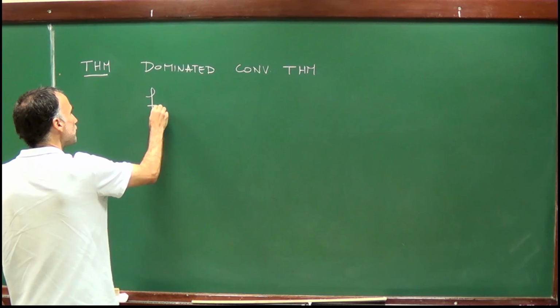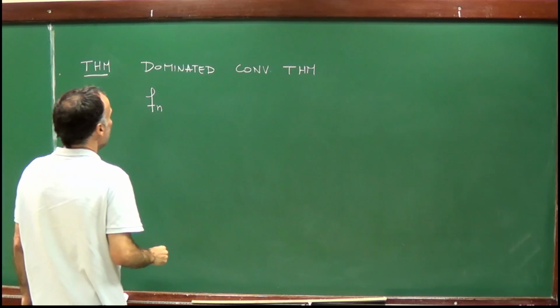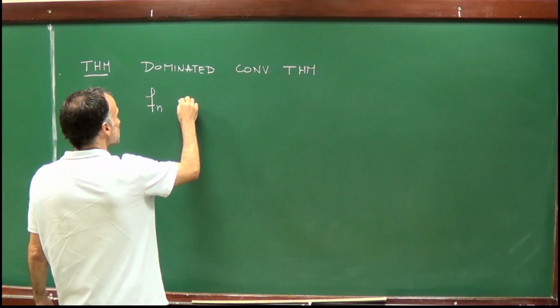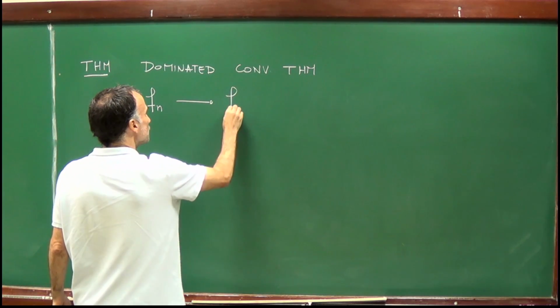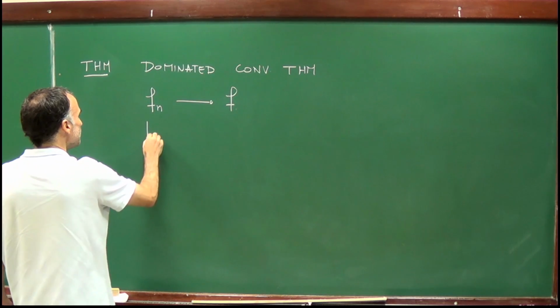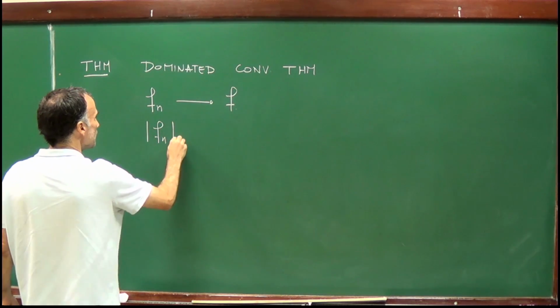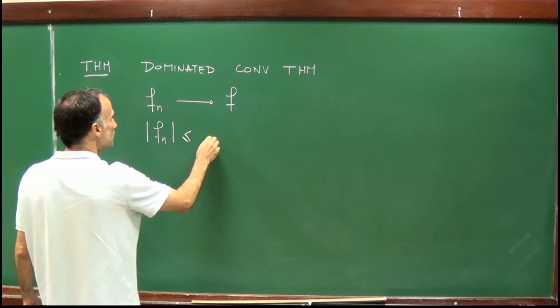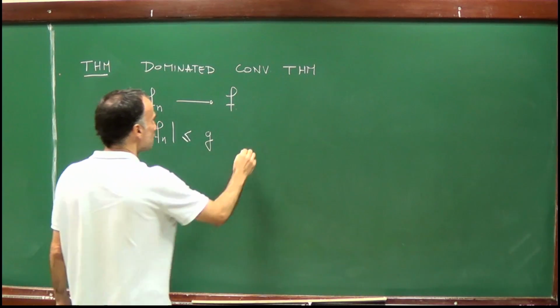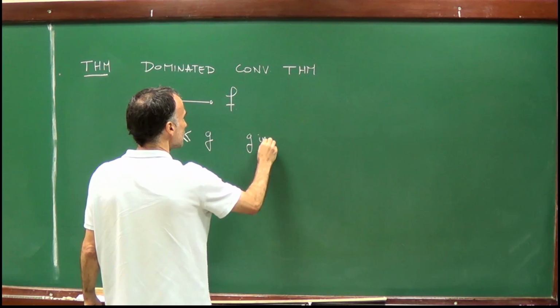You consider a sequence fn. Assume that this sequence fn is converging to f, and that its absolute value is bounded by a function g, where g is integrable.